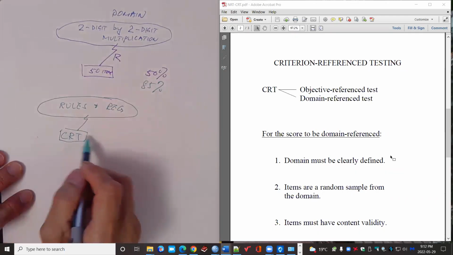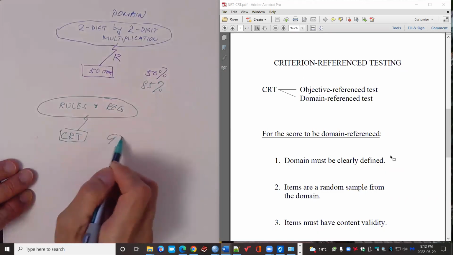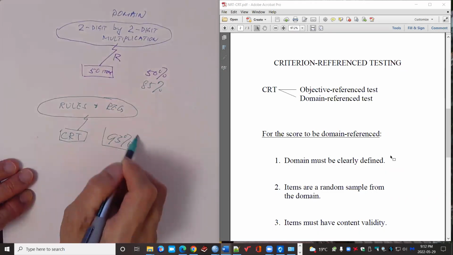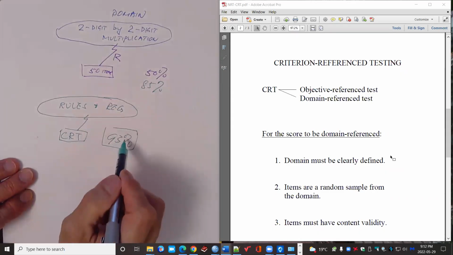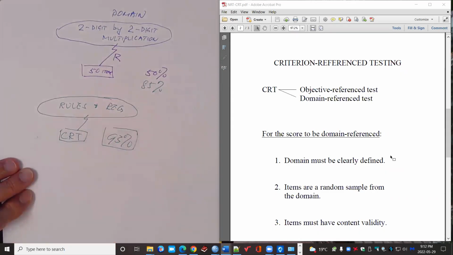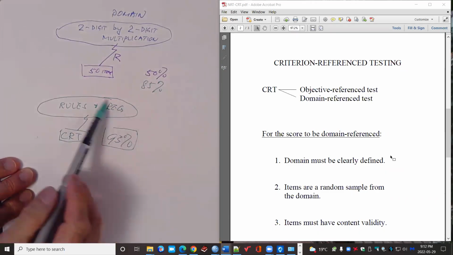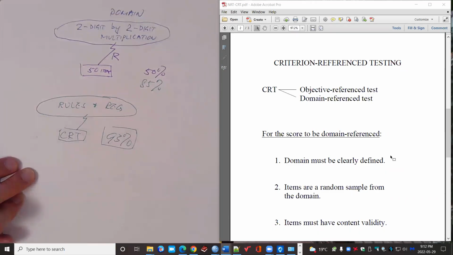If you score 93%, you pass the test because here the government assumes that you will know 93% of everything here. So that's good. That is what a criterion reference test is.